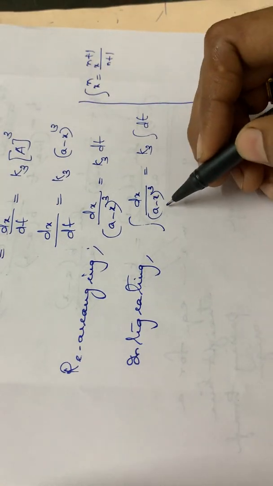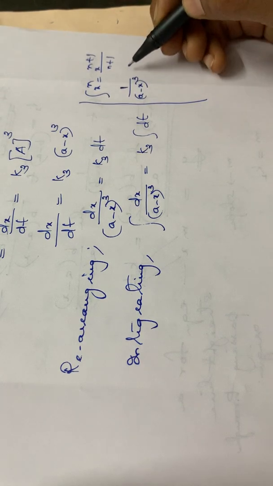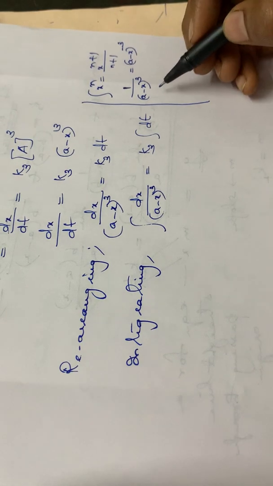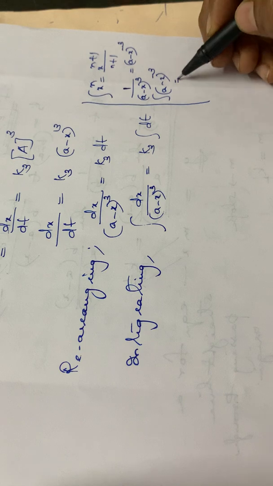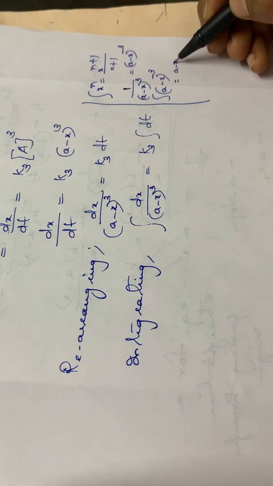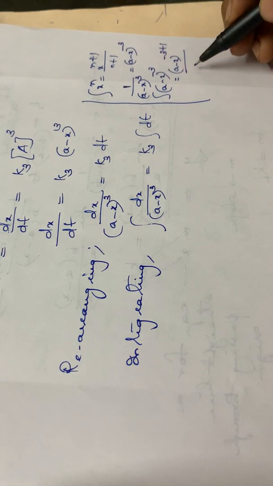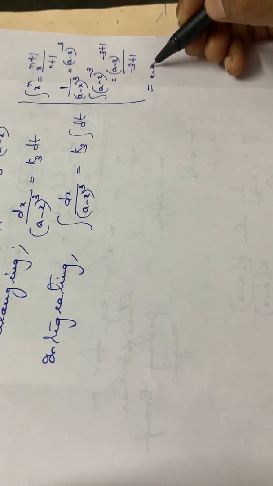So here it is 1 by a minus x, the whole cube, which we can write as a minus x raised to minus 3. On integrating, we write it as a minus x raised to minus 3 plus 1, divided by minus 3 plus 1. Just follow this formula.